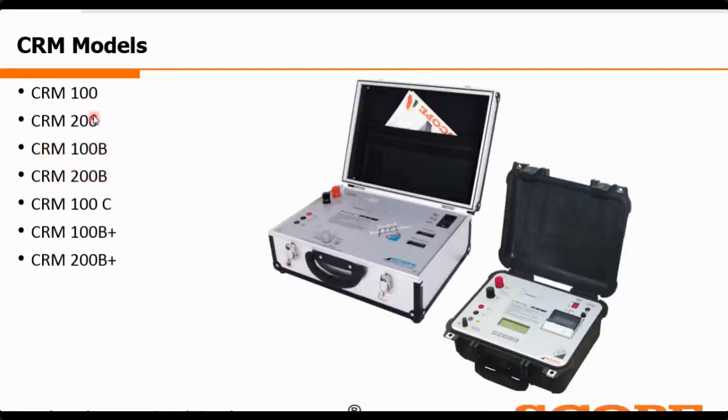Now, these five models, 100, 200, 100B, 200B, and 100C, look like this. They come in an aluminium case, and here you can see the plus series, 100B plus and 200B plus. It is more compact and better looking.